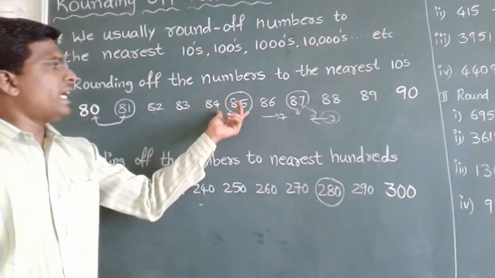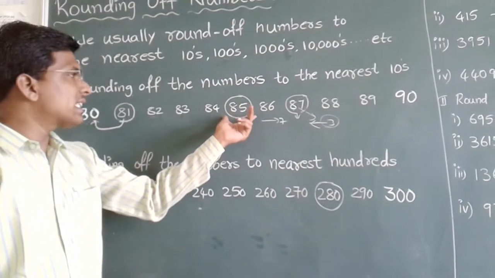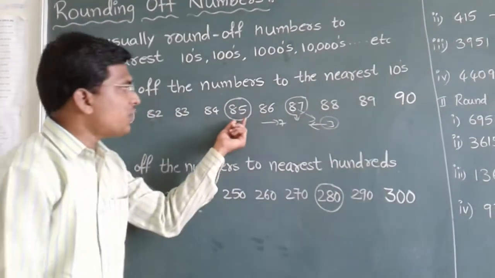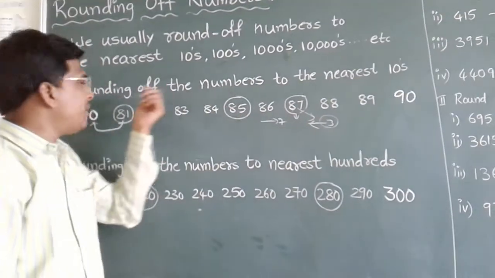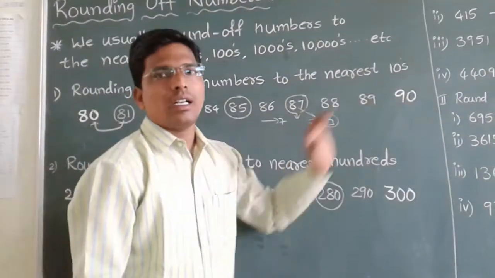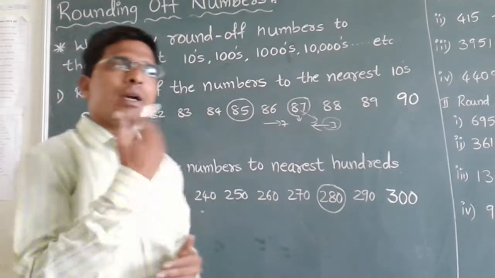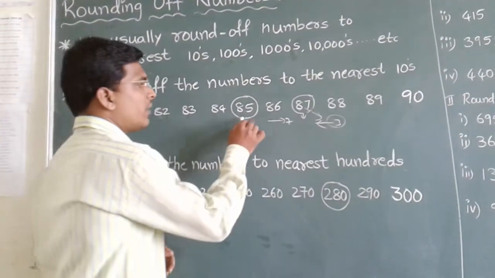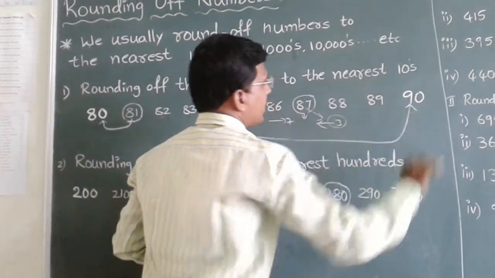Then what about 85? 85 is exactly in between 80 and 90. Then by which number will we round it off? Generally we round it off to 90.